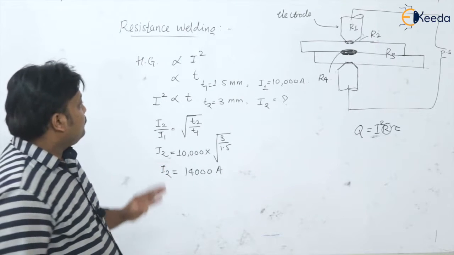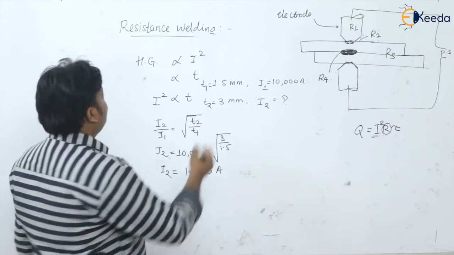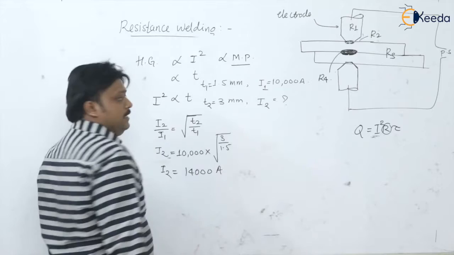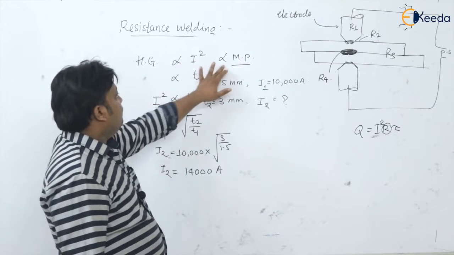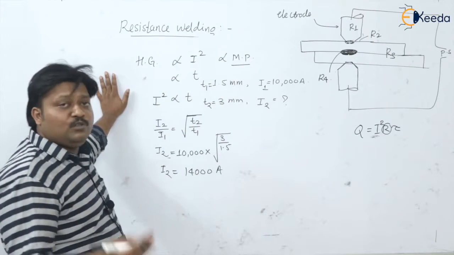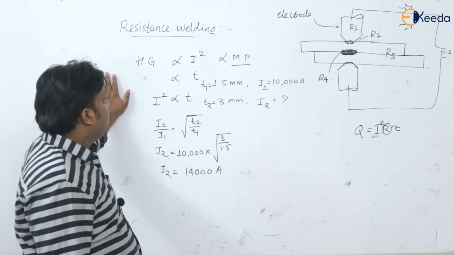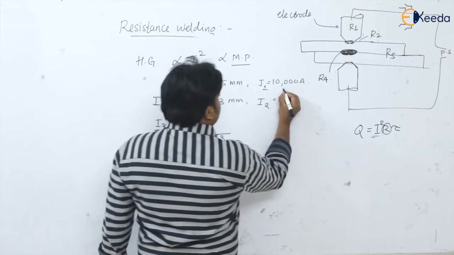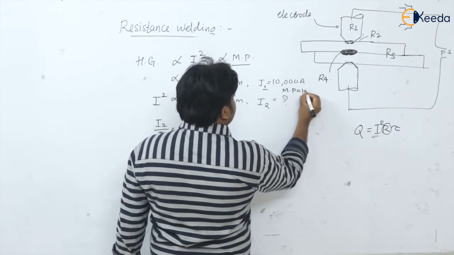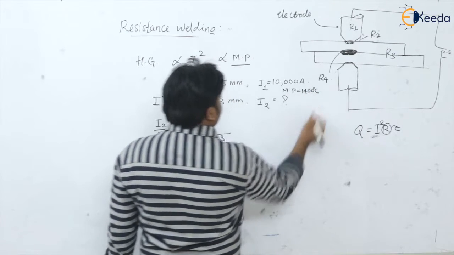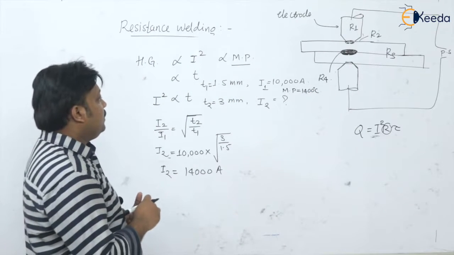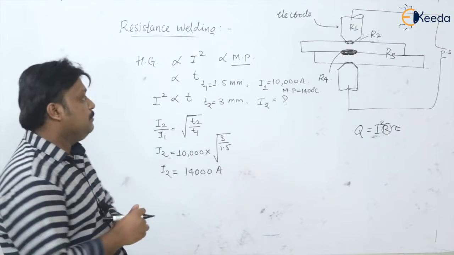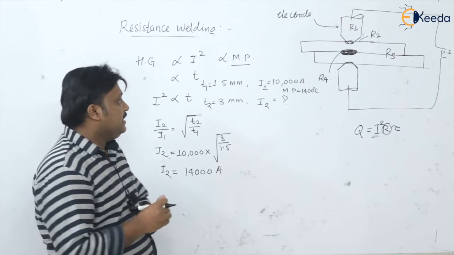Again, this heat generated is also proportional to the melting point, and in that proportion I square is proportional to the melting point. For steel, if I take the melting point as 1400 degrees centigrade, and now I am using another material, say aluminium, the melting point is around 660 degrees centigrade.